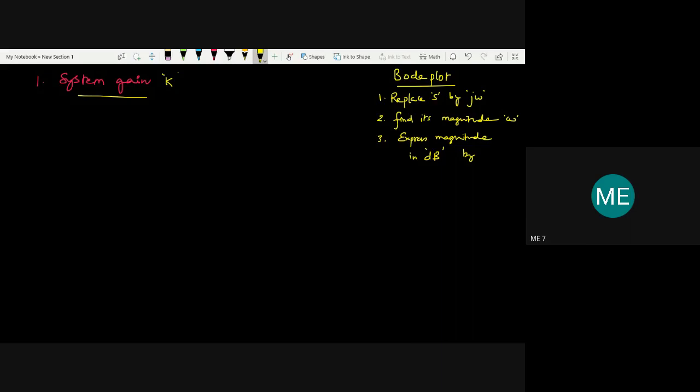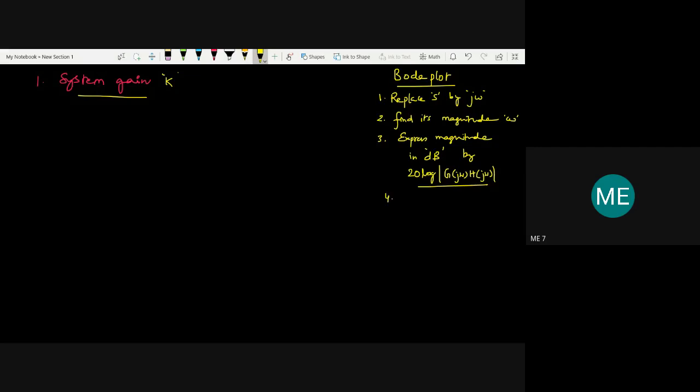How to do this? By applying 20 log to the magnitude, that is mod of G(j omega) H(j omega). Then it will be given in terms of decibels.